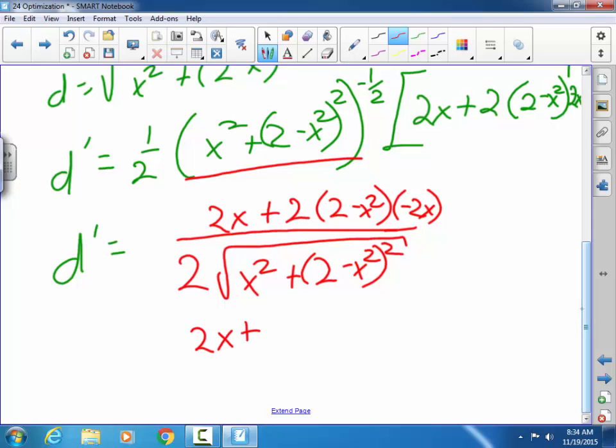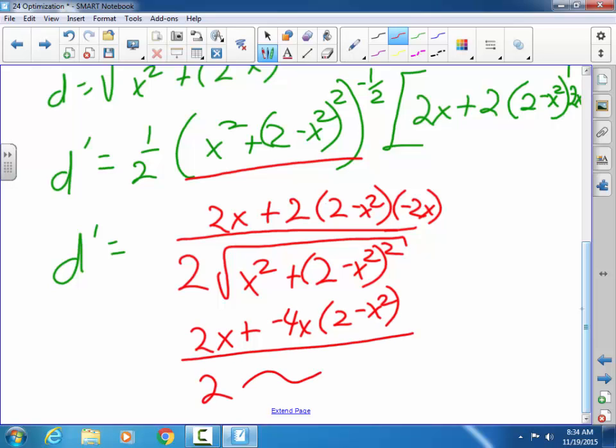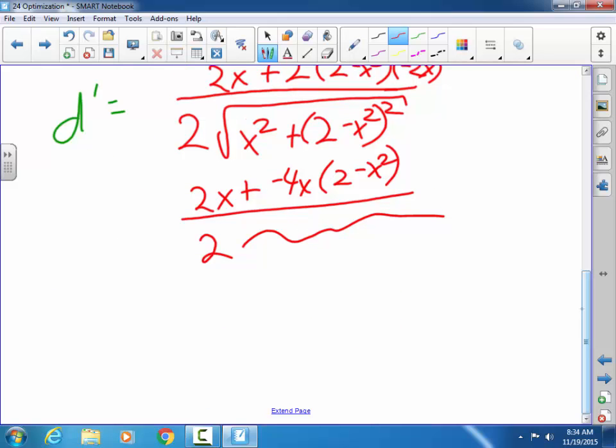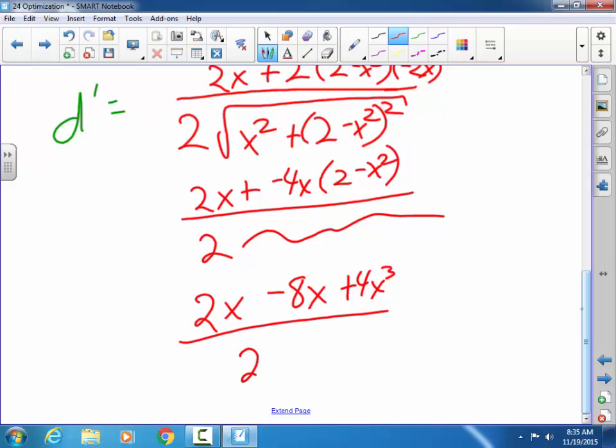That becomes 2x plus negative 4x times (2 minus x squared) over that same stuff. I'm not going to keep writing it. We could distribute this thing here and get 2x minus 8x plus 4x cubed. Cube. All right? Over 2 and all that stuff.